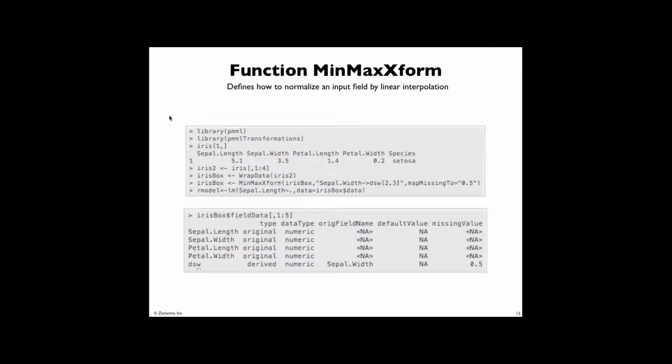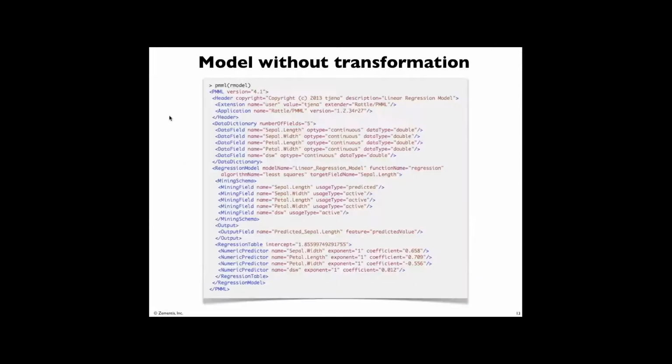Whereas DSW at the bottom, you can see we store the information that it's the derived field, and the third column, the orig field name, lets us know it's derived from sepalWidth. And we also store the information on missing value. That's the last column. So that's to showcase the function and how we store the information on the transformation.